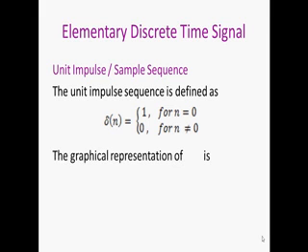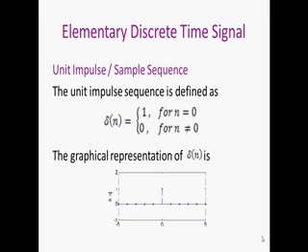The graphical representation of del of n is given as: for n equal to 0, the value is 1. For all other values, the value is 0. So this is your unit impulse or sample response. Unit step sequence.